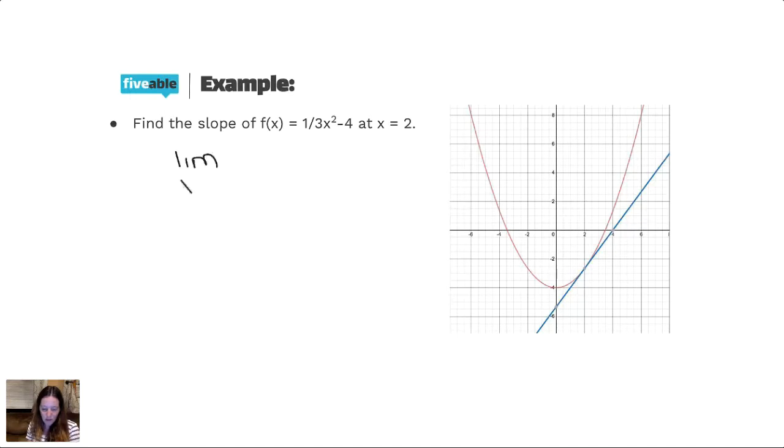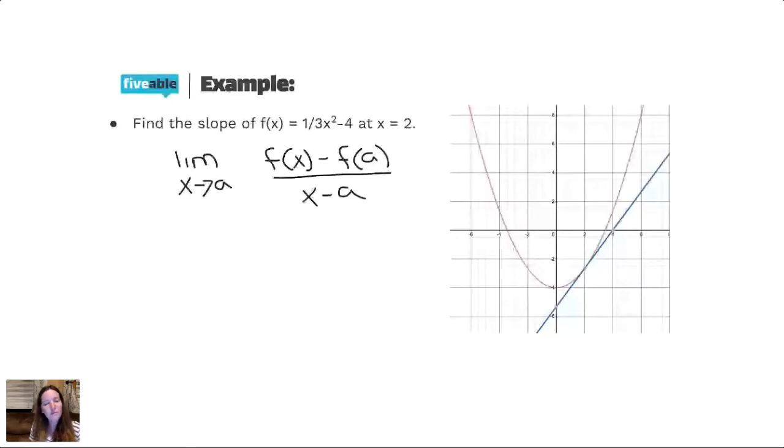So the limit as x approaches a of f of x minus f of a over x minus a. And we're going to start plugging stuff in and see what happens, okay? So the limit as x approaches a, f of x is 1/3 x squared minus 4. And so f of a is actually going to be f of 2.